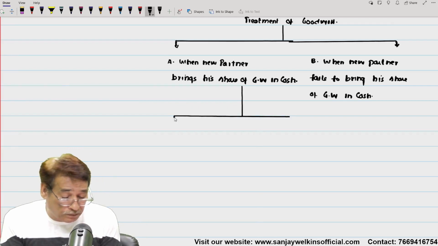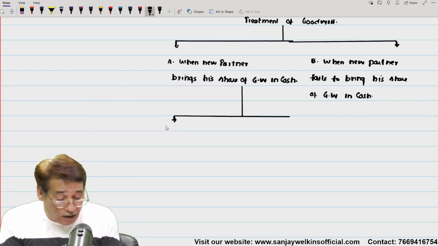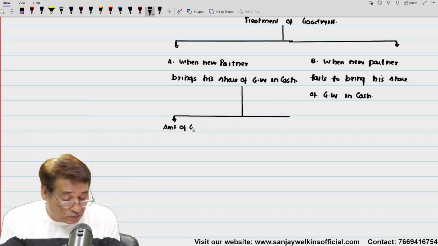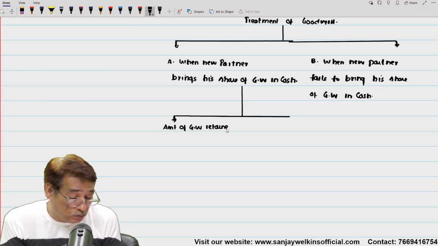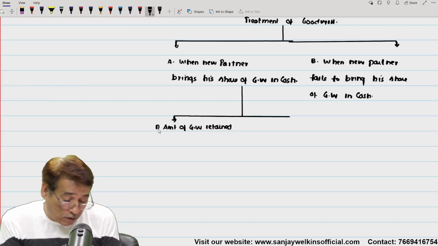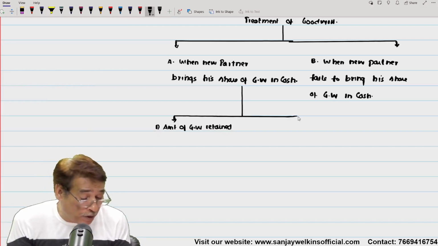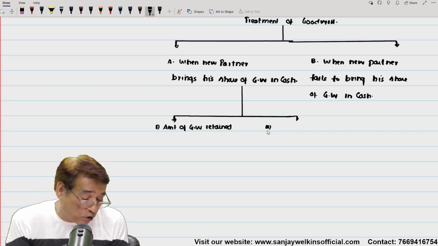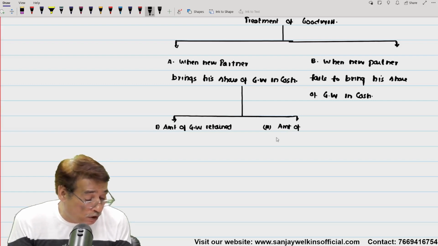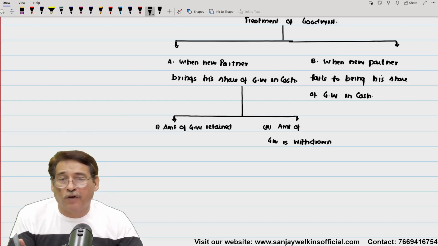Situation 1: the amount of goodwill is retained. Situation 2: the amount of goodwill is withdrawn. Correct?